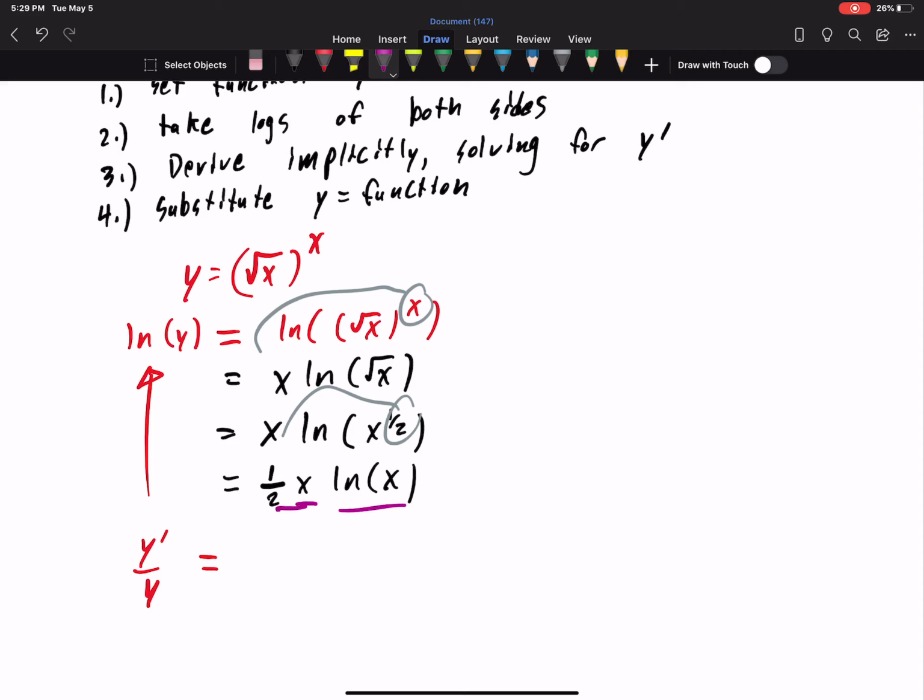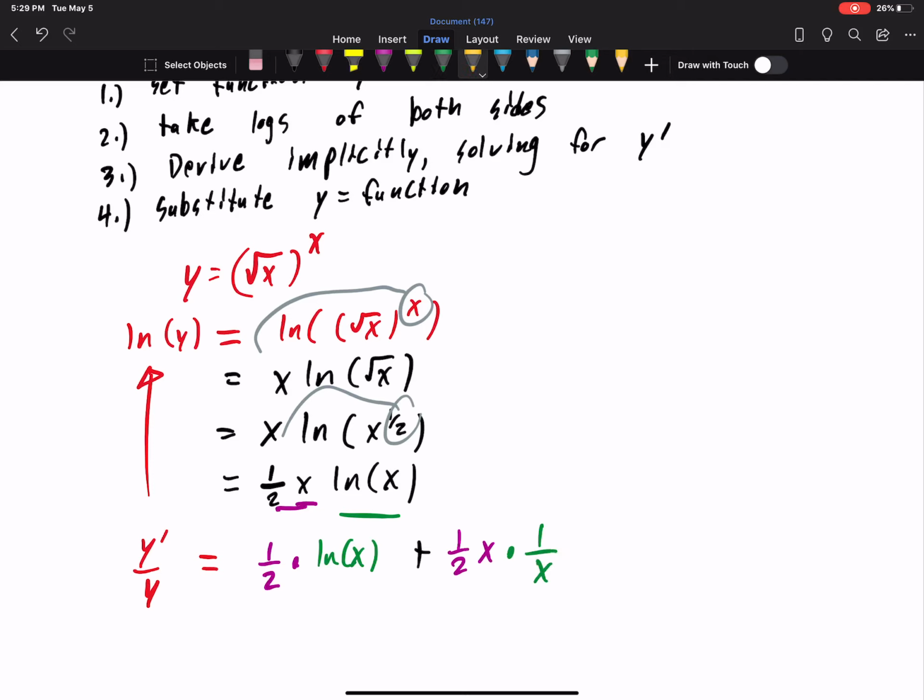So we have to derive the purple underlined one first. So we have, what's the derivative of 1/2 times x? That should just be 1/2. Then you leave the second one alone. Then you add on, you leave the first alone, and then multiply by the derivative of the second one, which is just going to be 1 over x.